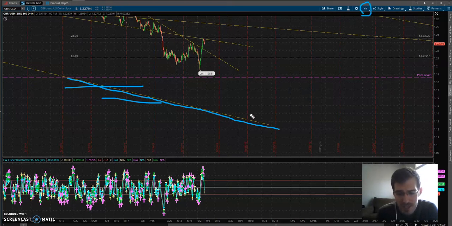Just because I don't think in the next week it's going to make it all the way down here. But we'll see if it can break past this, then I would be more bullish and that would maybe be a price target or a quick sell. If it makes it back down here, I might be a quick buyer right here.